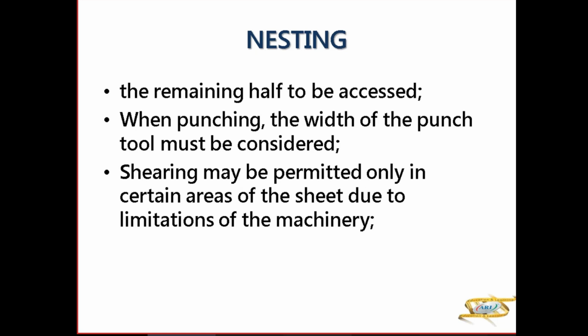Then if you're doing a punching, punching means making a hole. Then your width of the punch is to be considered. Now the shearing is permitted. Shearing means cutting. That is permitted only basis certain limitations of the machinery.